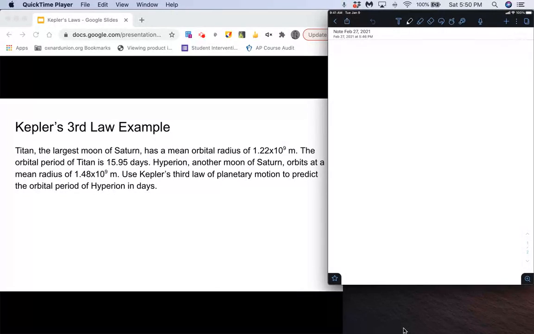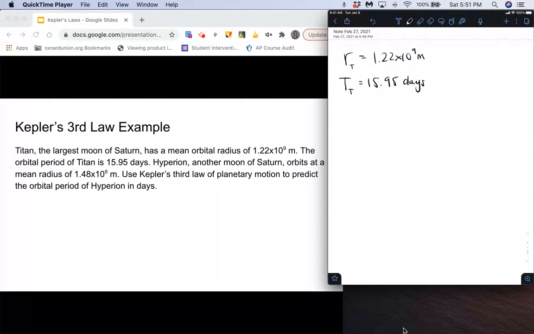So we want to know the period of Hyperion. Now let's write down our givens first. So we have the mean orbital radius of Titan. I'm just going to put R sub T, as in Titan, is equal to 1.22 times 10 to the ninth meters. And then they give us that the orbital period of Titan is 15.95 days.